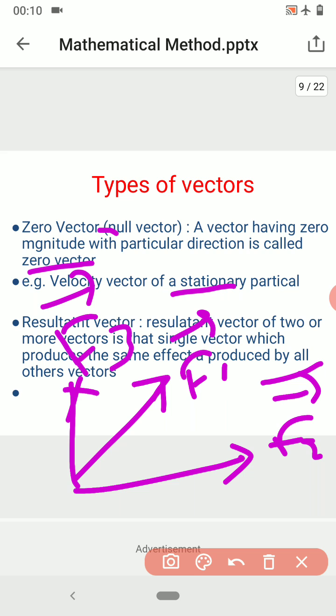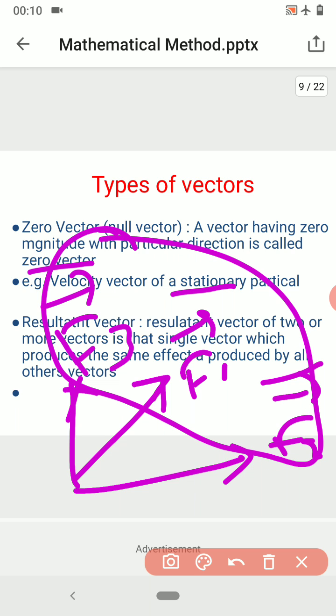That means it has to produce the same effect as all these three forces. And if it will be here, you can say that this is the vector R. This is called the resultant of these forces.